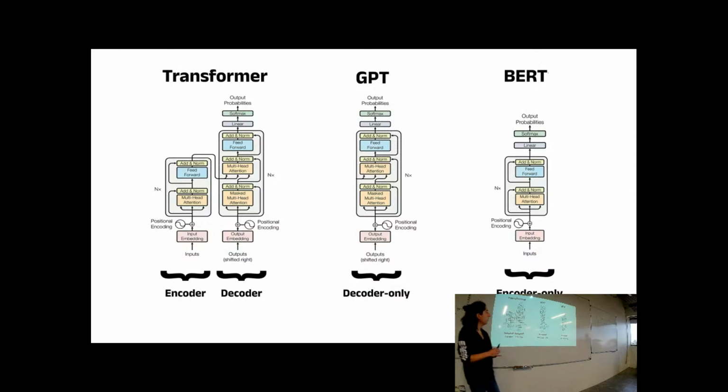GPT-1, well, let's go back first. This is the encoder only. If you see, it's exactly just the encoder of the transformer. GPT is a decoder only, but it has the exact same structure as the encoder. In the transformer, these are basically the same.